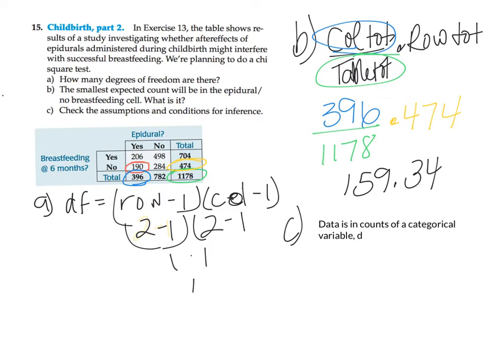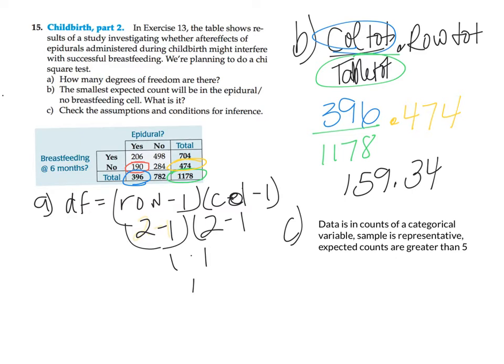We have the sample, we're going to say is representative. It doesn't say they did a random sample, but it was definitely a large sample. And it says the smallest expected count would have been 159, so we can say expected counts are greater than 5.